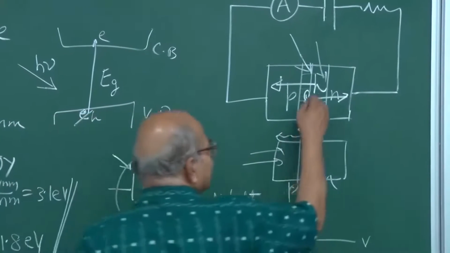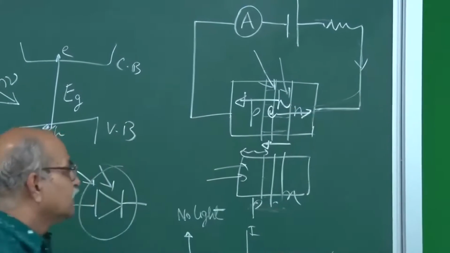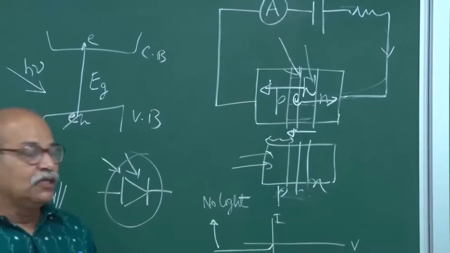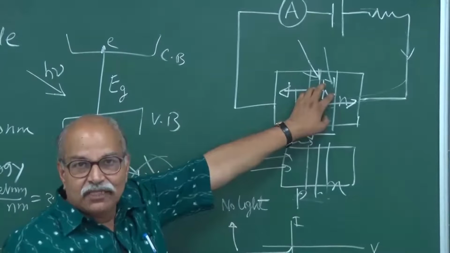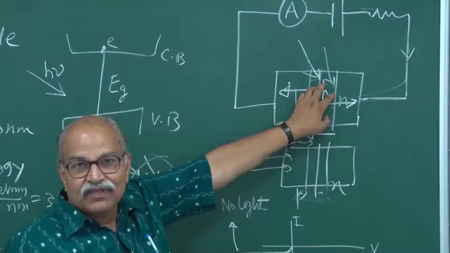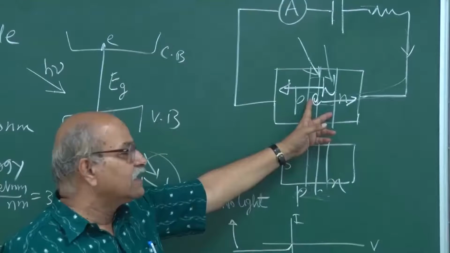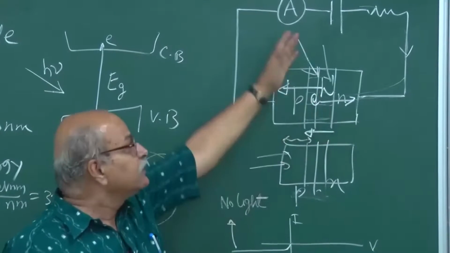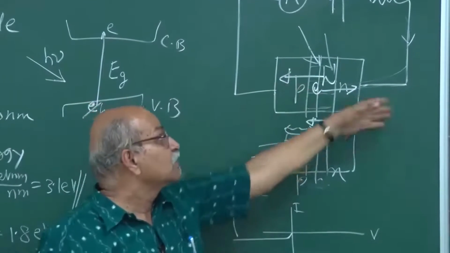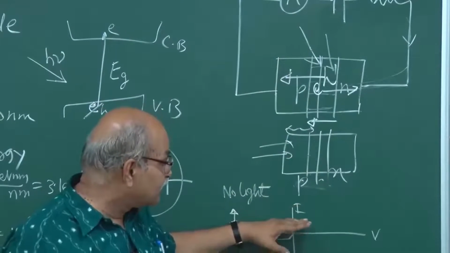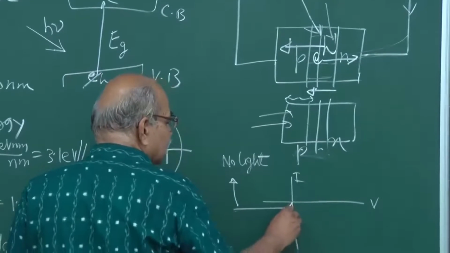Correspondingly, if the electron is going this way, the current is going this way, that is the reverse current. If there is no light, you have the usual minority carrier current, or the thermal generation of electron hole pairs in the depletion layer, contributing to the current. Then you put light, and extra electron hole pairs are there, and they are contributing to the current. So this reverse current will increase, and so the characteristic will be something like this.